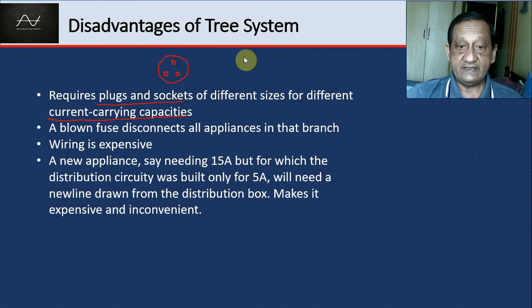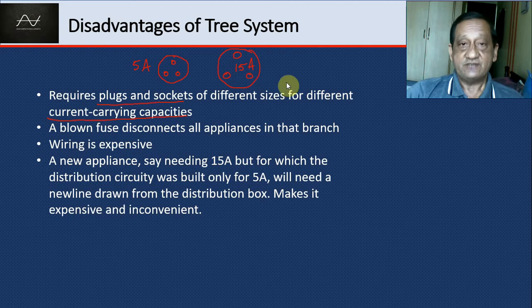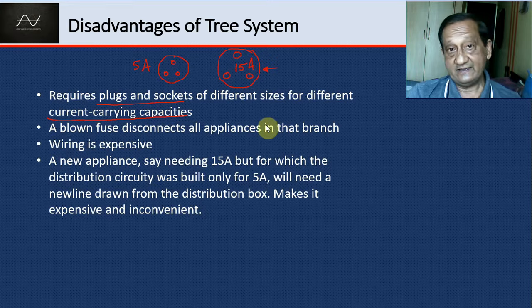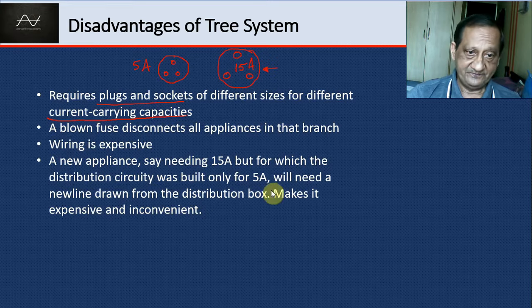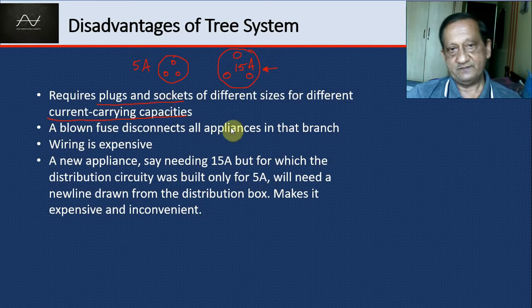But if you're connecting, let us say, an air conditioner, then it is bigger. It has got a higher current carrying capacity. This is a 15 ampere socket. This is a 5 ampere socket. So large current means high load in electrical engineering terms. So for a high load thing, you need to have a high current carrying capacity plug and socket. So it requires different plugs and sockets for different capacities.